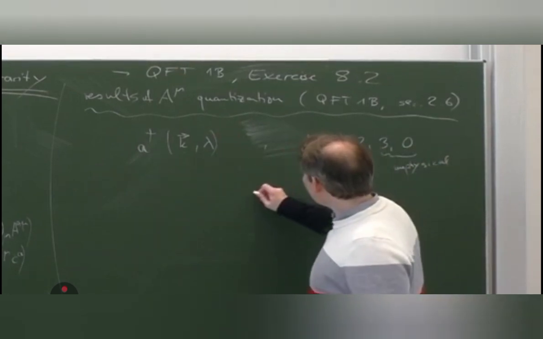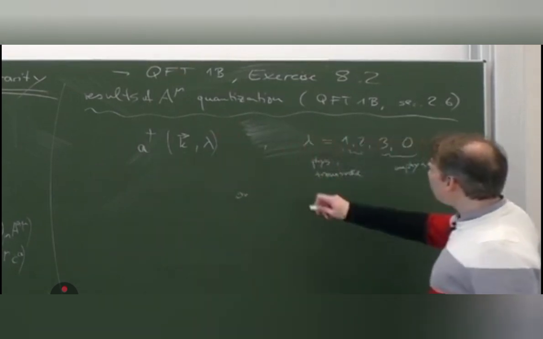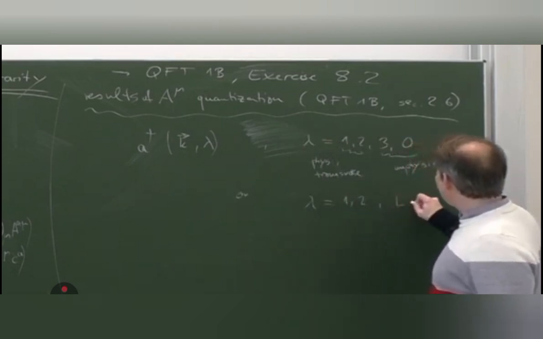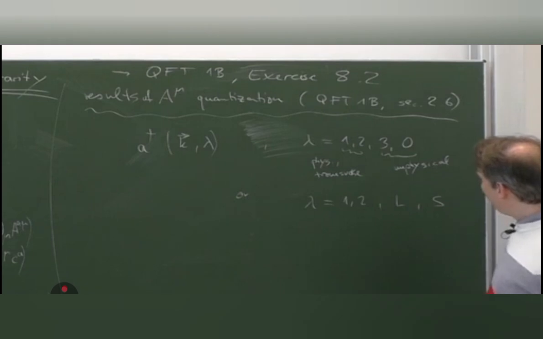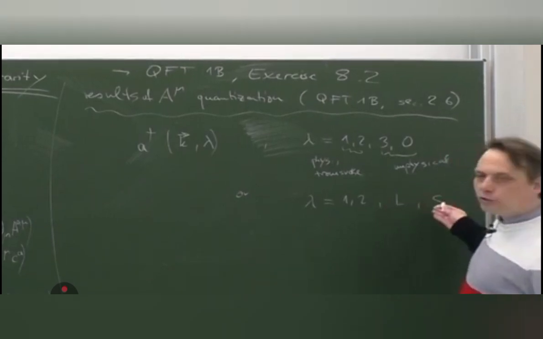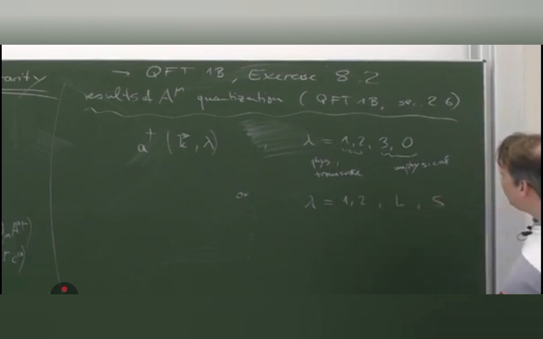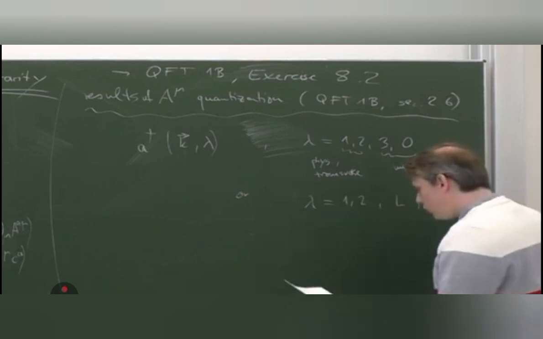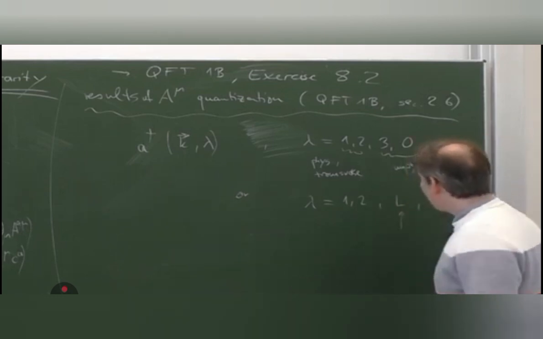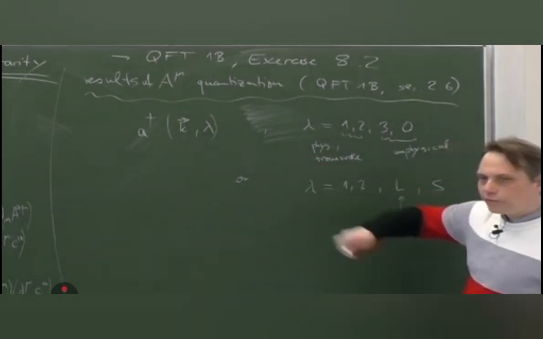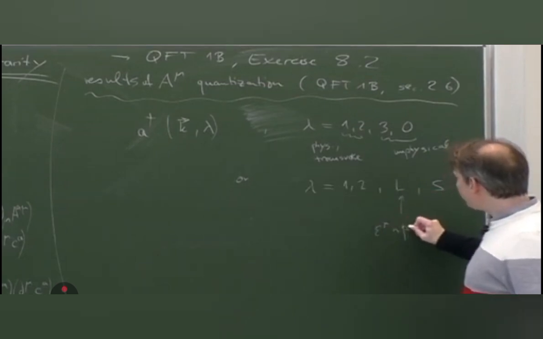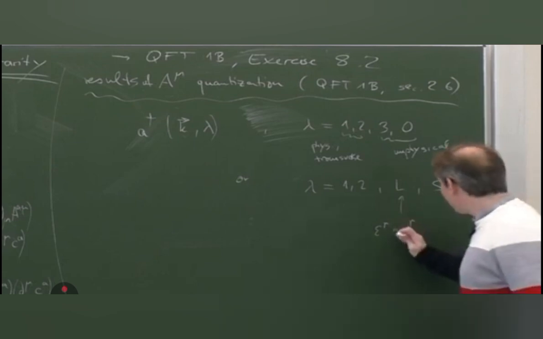There was an alternative version of the λs, namely λ equal 1, 2, L or S. And this has advantages for the interpretation. It's a little bit more difficult to deal with this basis if you do the canonical quantization, but the interpretation is very nice here. So L stands for the part in the photon field where the ε_μ is proportional to the momentum, let's call it k_μ.